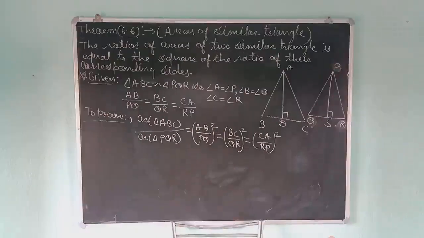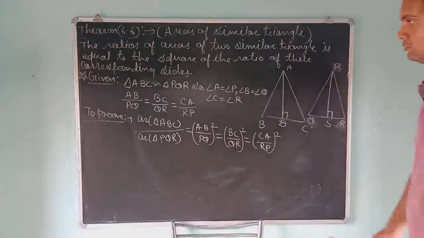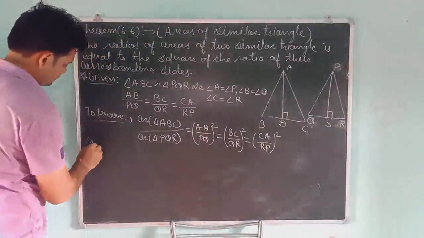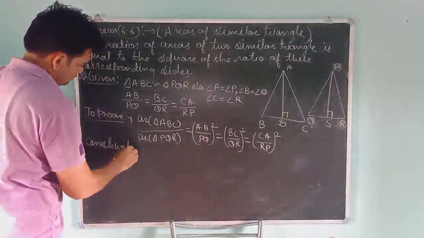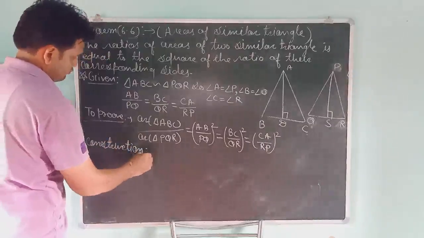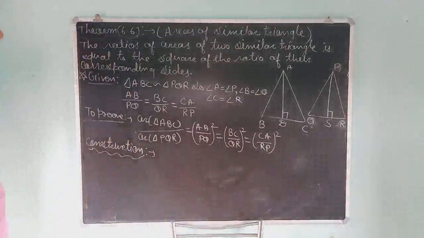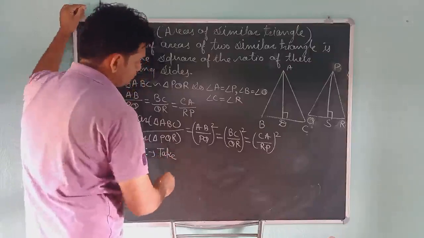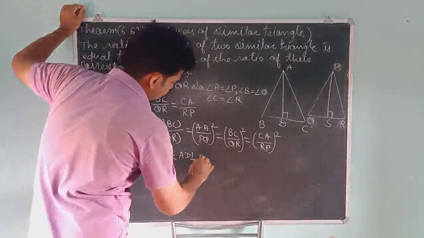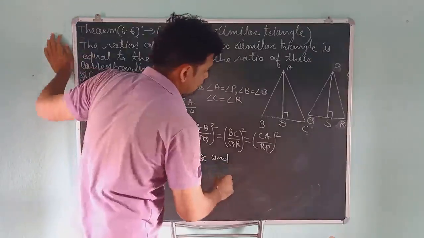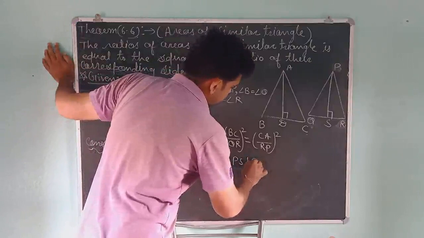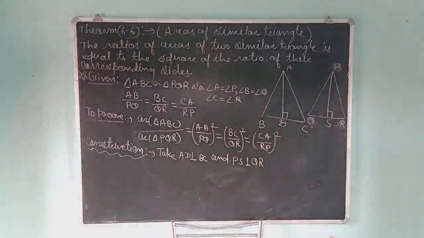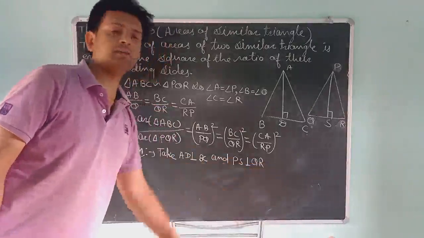In construction you will write, AD is perpendicular on BC and PS is perpendicular on QR. This is our construction and this is enough.